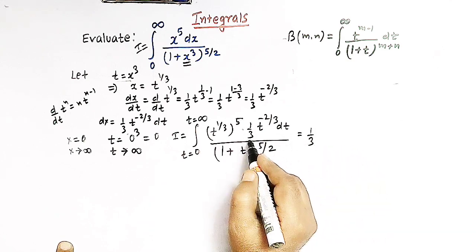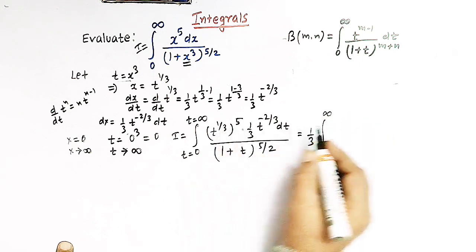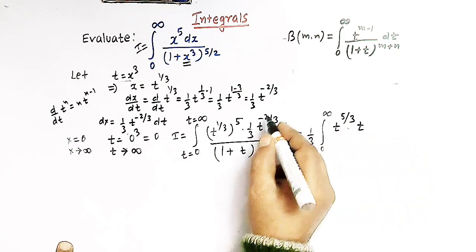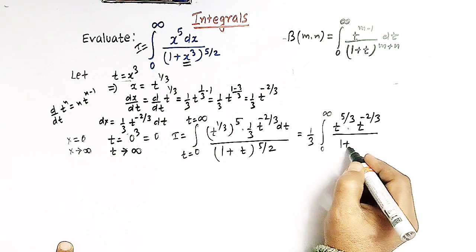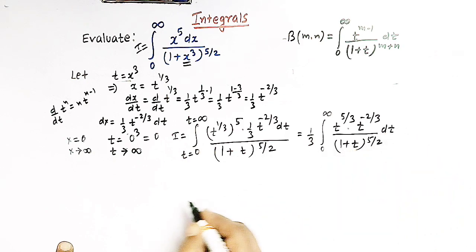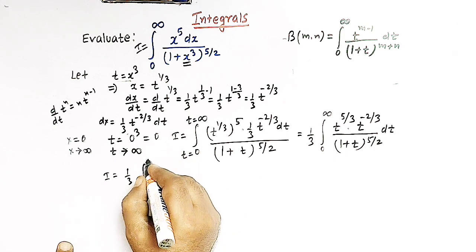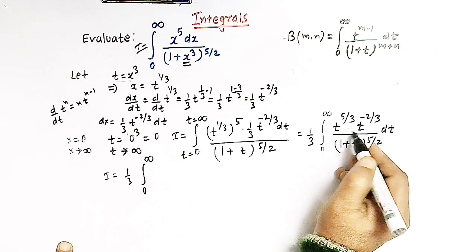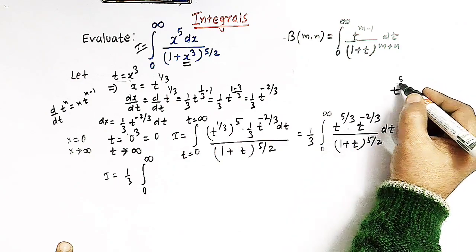So now let us arrange the terms here, and we can simplify. So we can take 1 over 3 outside the integral. We have 0 to infinity. Then here we have t raised to 5 over 3, and here we have t raised to minus 2 over 3, and here we have 1 plus t raised to 5 over 2 and dt. So now we can write I is equal to 1 over 3, 0 to infinity, and here we can apply the laws of exponents. So here the base is same, so we can add the powers.